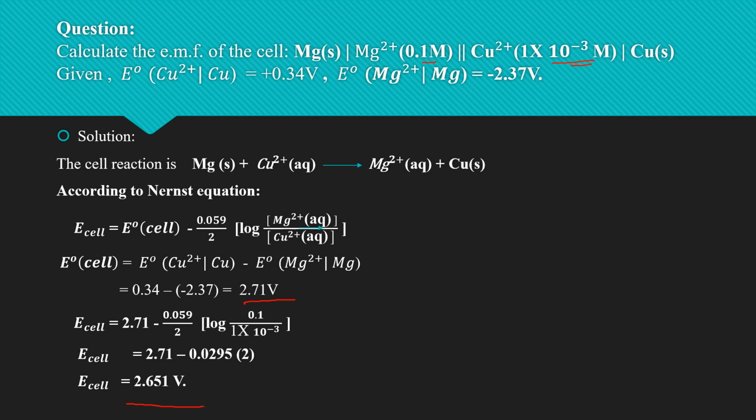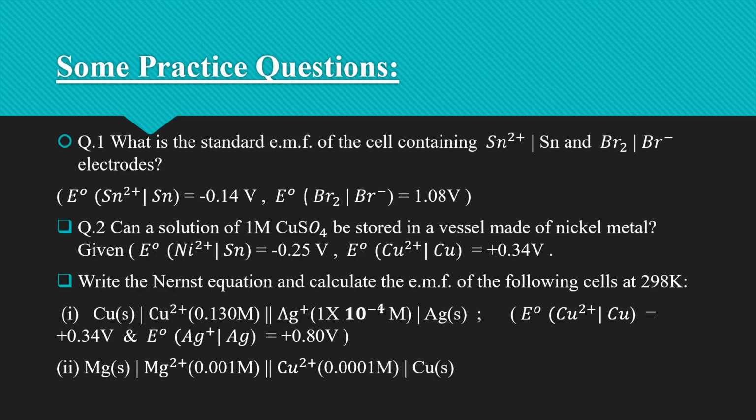So by using the Nernst equation we can easily find the EMF of the cell by these steps. These are some practice questions related to the Nernst equation. Try these questions.